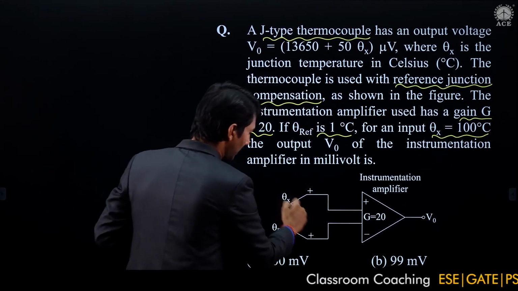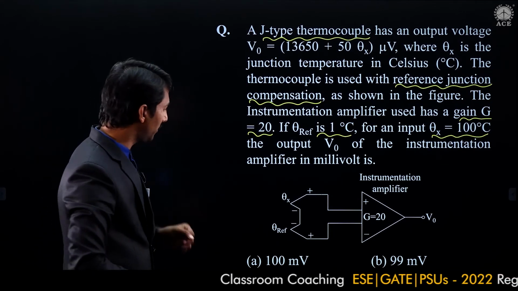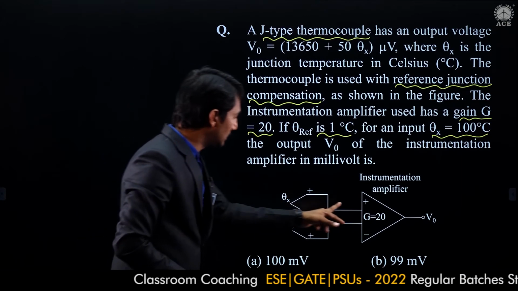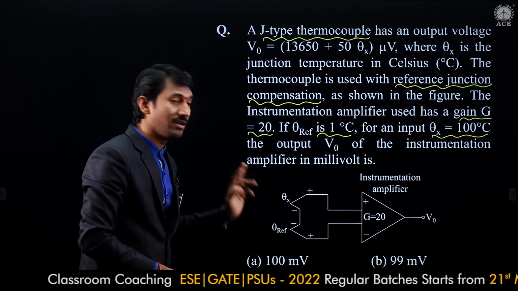If you apply the corresponding total voltage relation, or KVL, what can we write? V0 we can write as G into V theta x minus V reference.